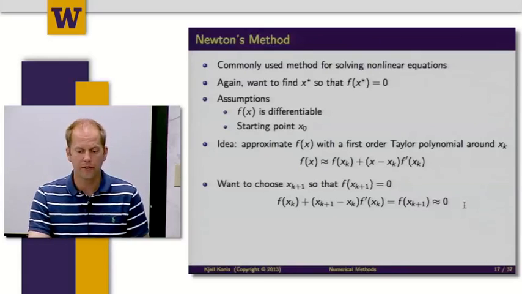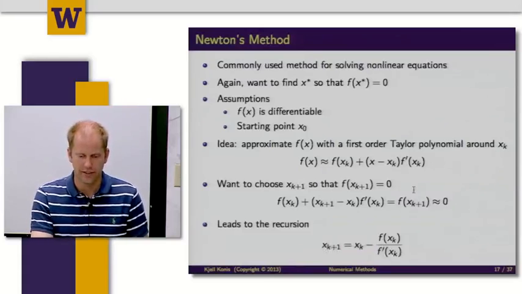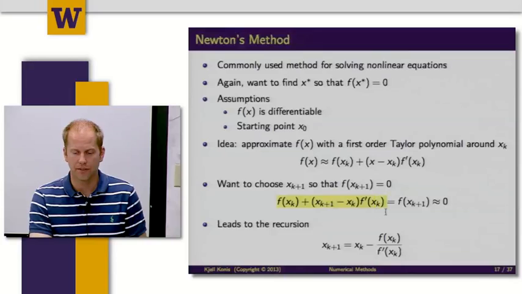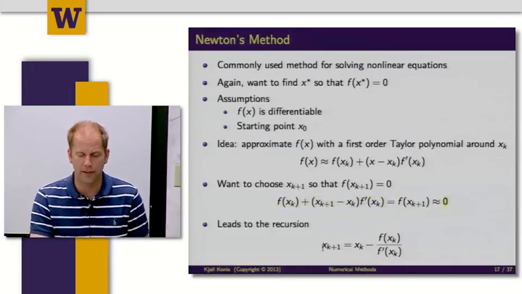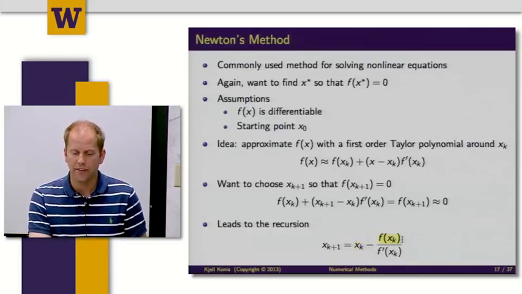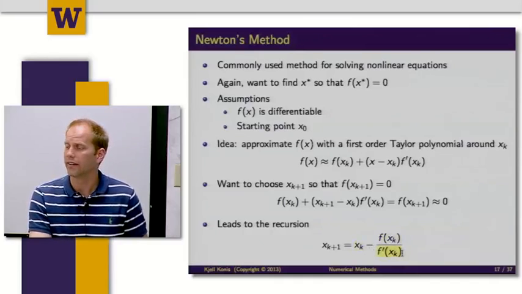And then I'm going to solve for xk plus 1. And that's going to give me this recursive formula. If I take this, set it equal to 0, and solve for xk plus 1, I end up with xk plus 1 equals xk minus the function evaluated at xk divided by the slope of the function, so the derivative of the function evaluated at xk.